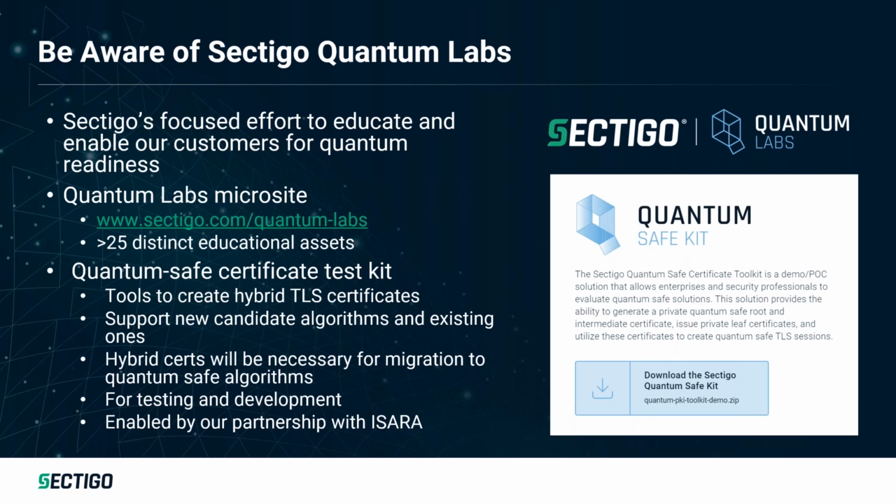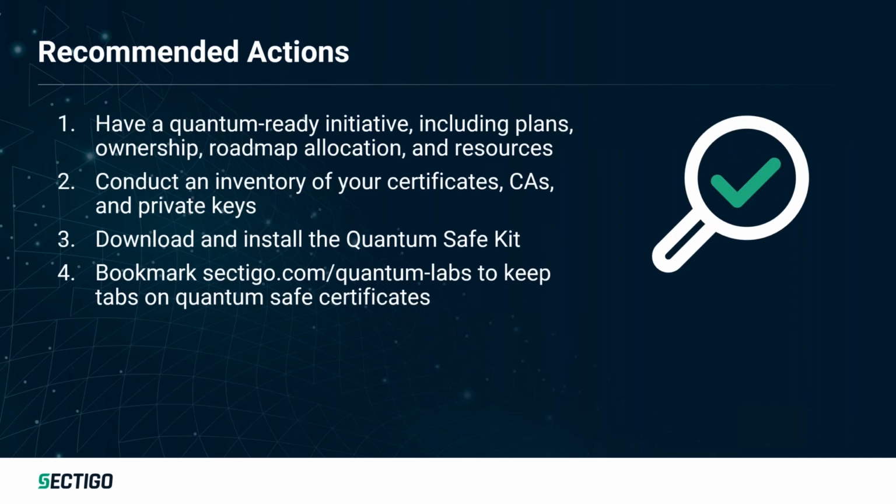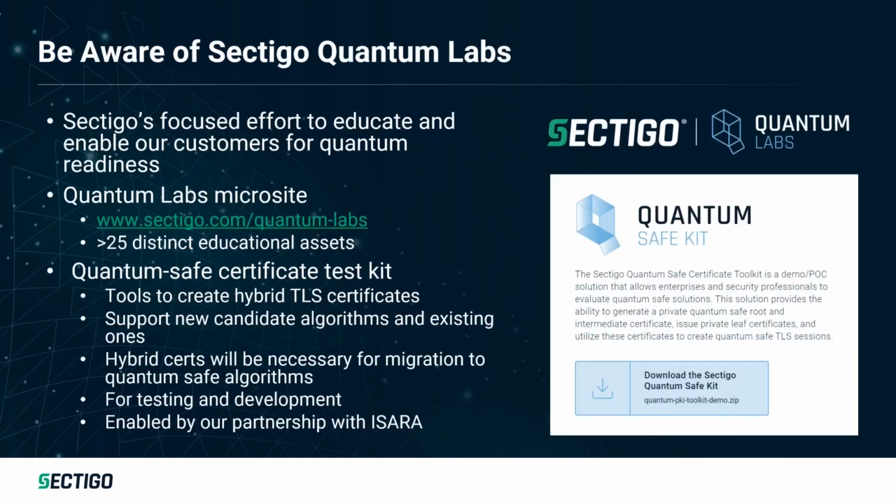And you can actually start testing and development, put them in a sandbox, see how they work, see how they operate with your existing systems. That's something you can start doing today to understand what these things really are and how they work. Absolutely. Those are some recommendations we have. Yeah. These hybrid certificates are really good to test because, as the name suggests, they're designed to work as they should today.